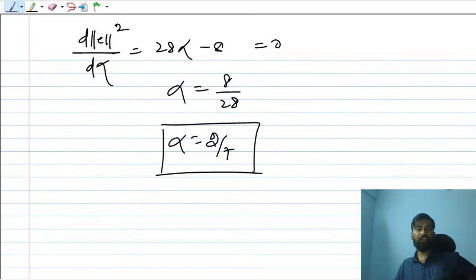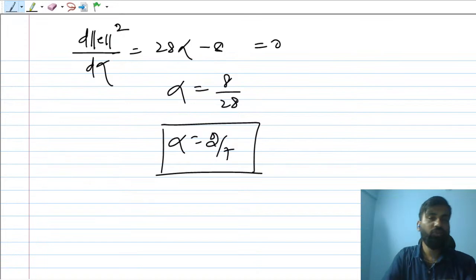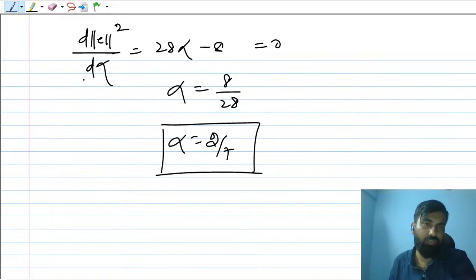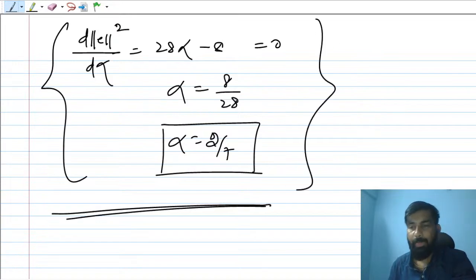If you do not understand the application, if you are just mugging up the formula, remember that norm is just the length of the vector, that's it. So you might get surprised, oh, this is a new question, right? But these are the applications of derivative we are using here, for minimizing or maximizing the error. Okay, so this was all about the GATE 2023 problem.